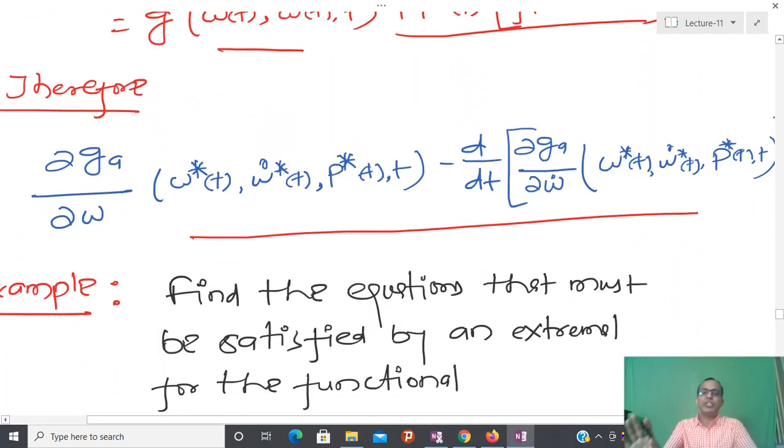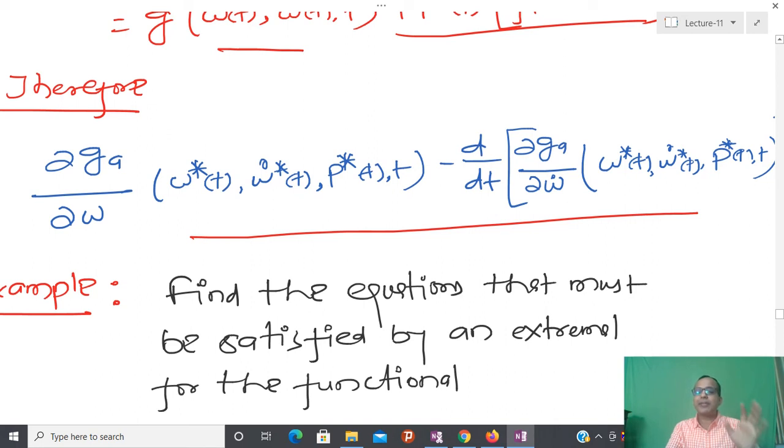So what is the story now? Whenever you have some kind of functional and you have certain kind of constraint, again there is no need to worry.